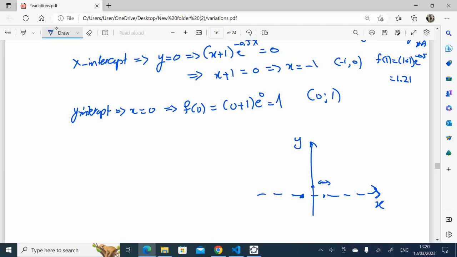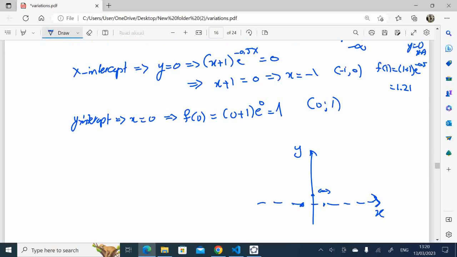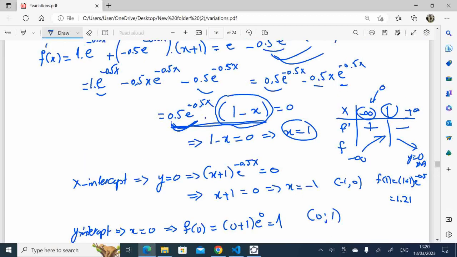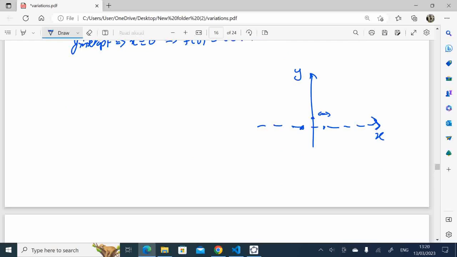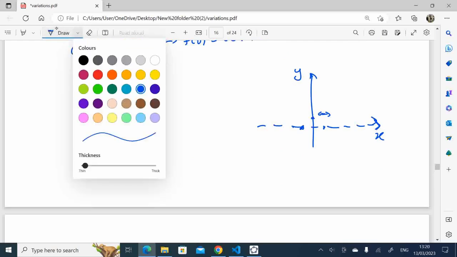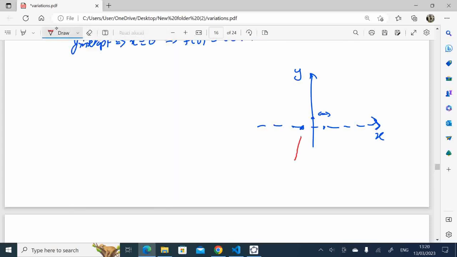So the graph, according to the table of variation, will start from x minus infinity, y minus infinity. It means from the third quadrant we'll go up to the maximum, passing through the intercepts. So from minus infinity we go up to the maximum.